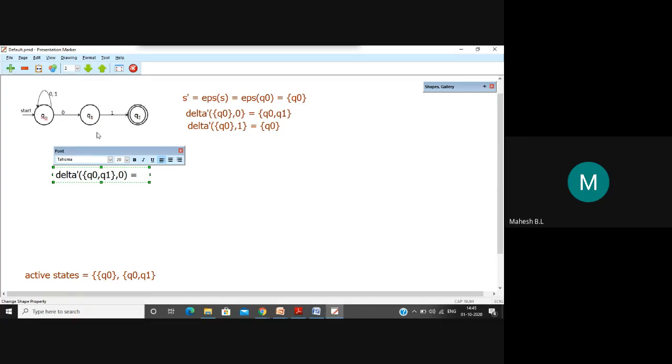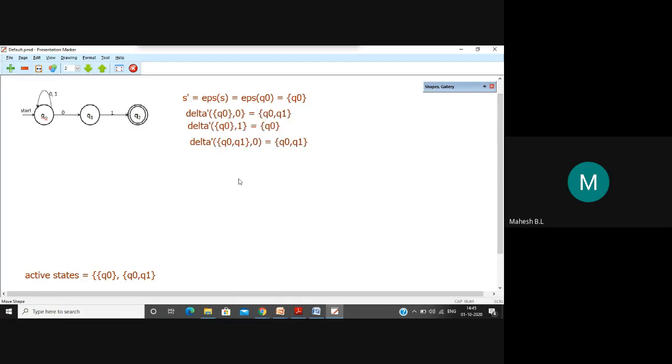Then Q1 on 0, are there any transitions? No. So Q naught on 0 gives two possibilities, Q naught and Q1. So you need to compute epsilon of Q naught as well as epsilon of Q1. Epsilon of Q naught is Q naught itself, Q1 is Q1 itself. Their union is Q naught Q1. This is already a part of the active states, so need not be added to the set of active states. Just make it a part of delta dash.